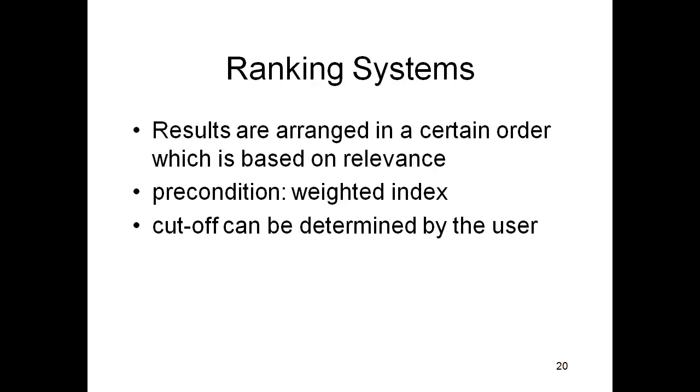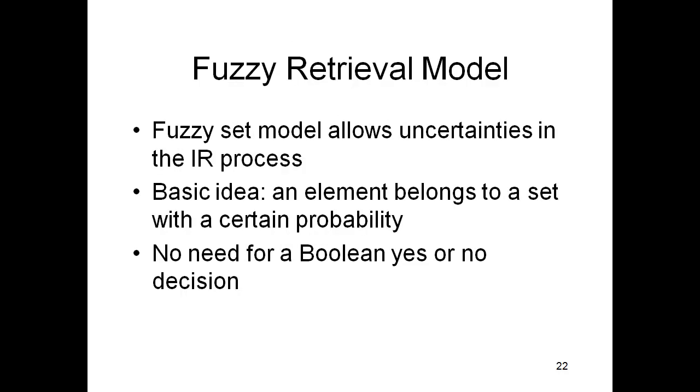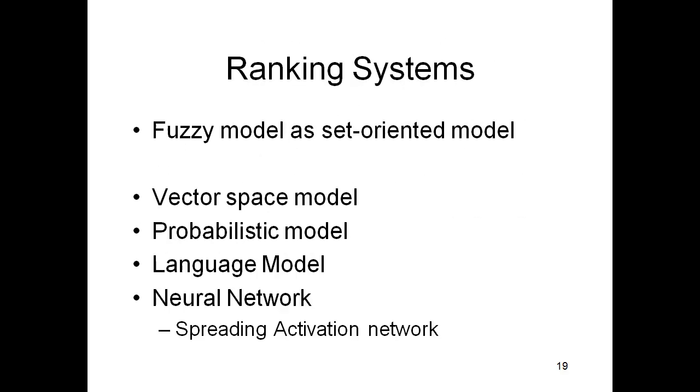The next system that we want to look at is fuzzy sets. Before we move into that, actually we can start with the ranking. We move to ranking systems. And here we, of course, can have a set of different systems.